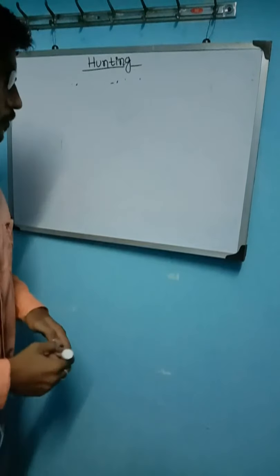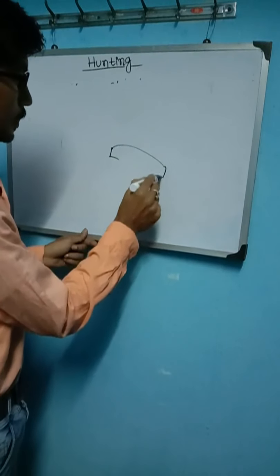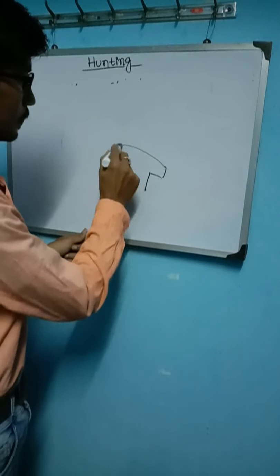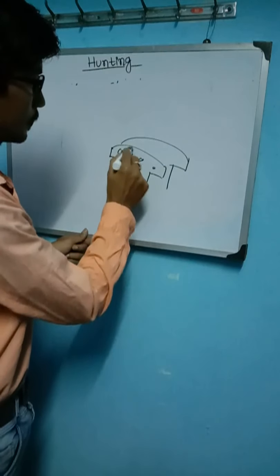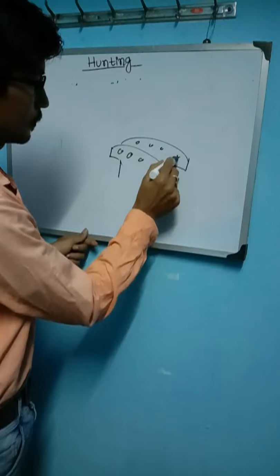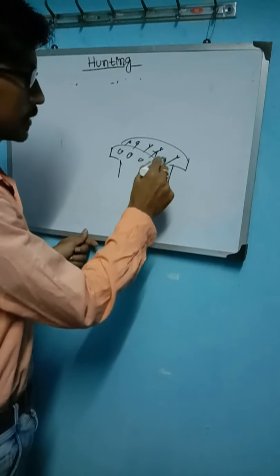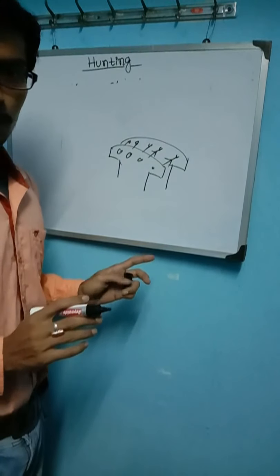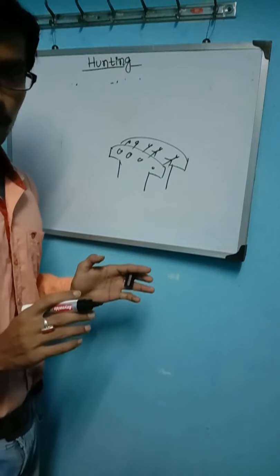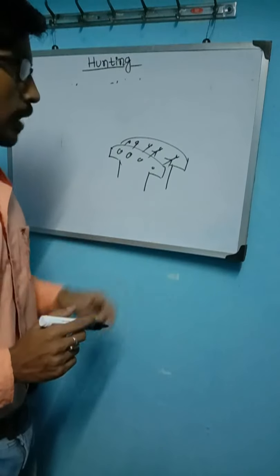Suppose this is the damper winding. Each winding carries a current because there is a relative motion between the rotor shaft and the stator flux, so a current is produced in the damper winding.